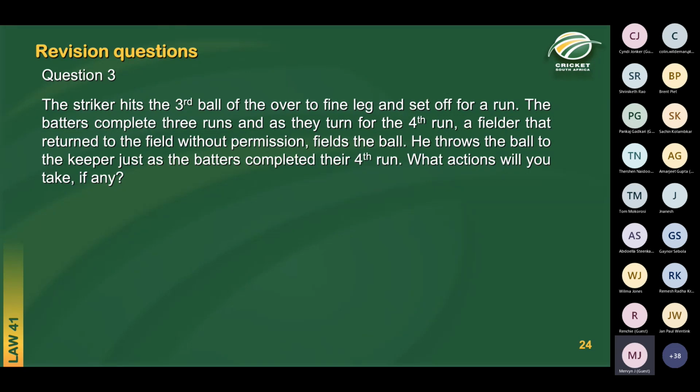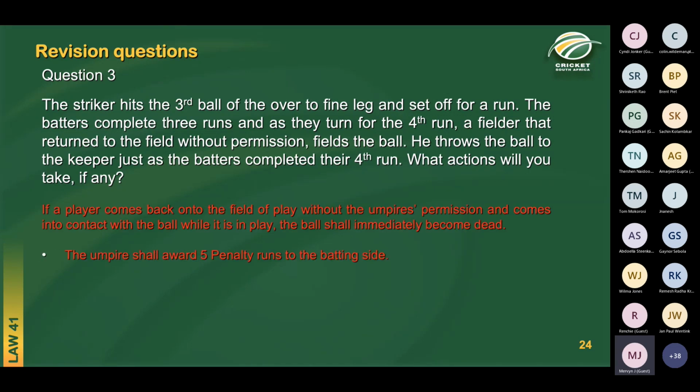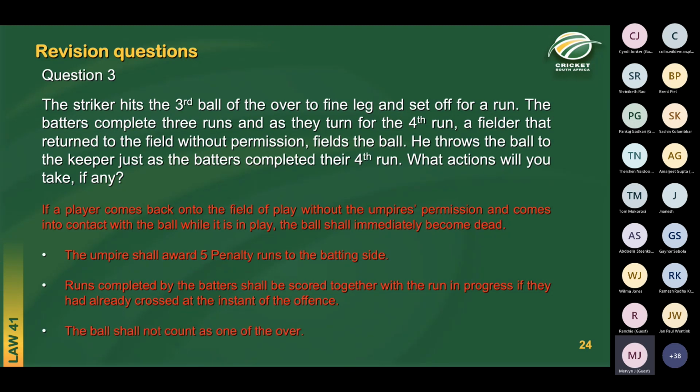So your question was then, what needs to happen now? Well, obviously you need to signal and call it no ball. You need to signal the penalty runs, and after that you need to inform the fielding captain and both batsmen what has occurred.